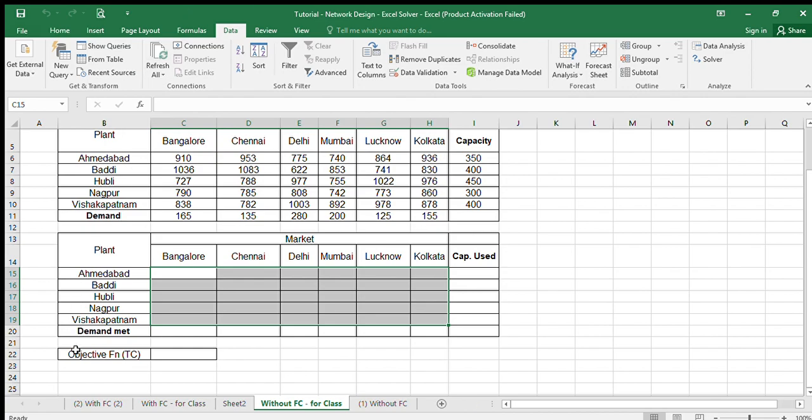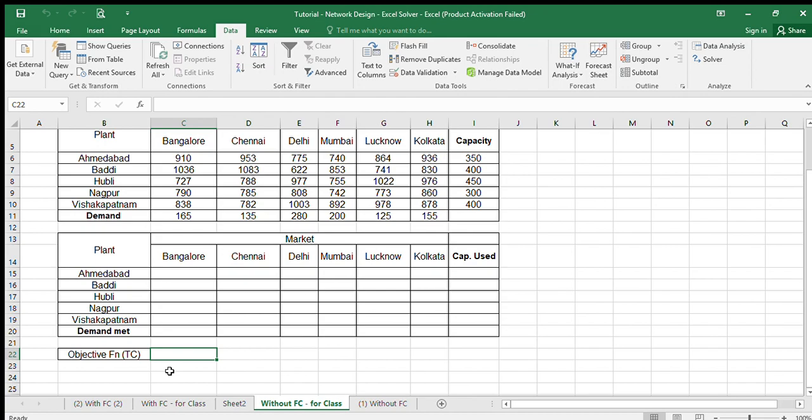Below that, I have made another cell which is named objective function value, or the total cost. If you remember the mathematical model, this objective function value is the final result that we are going to minimize.